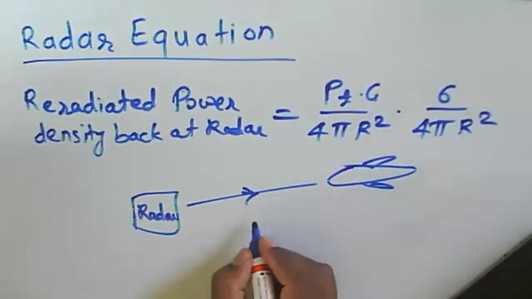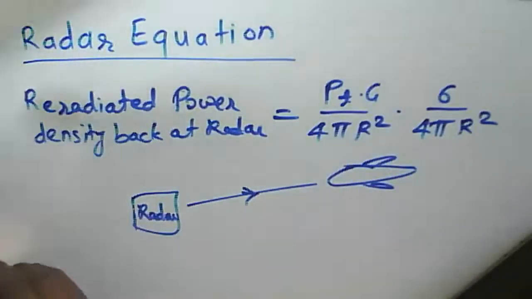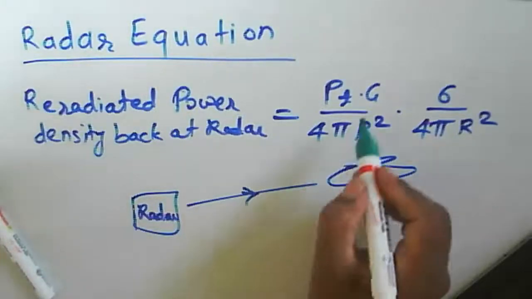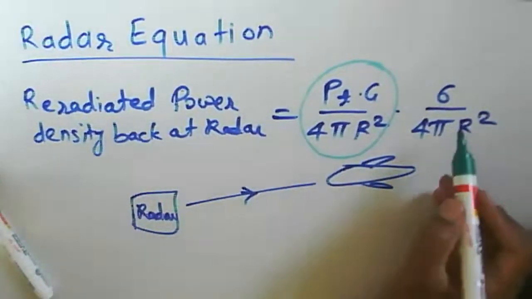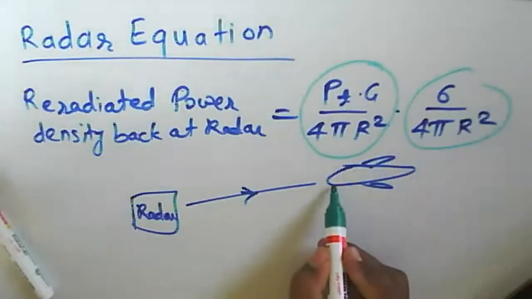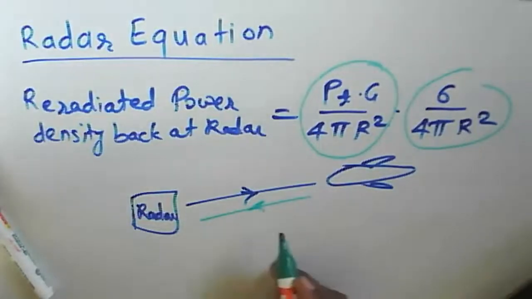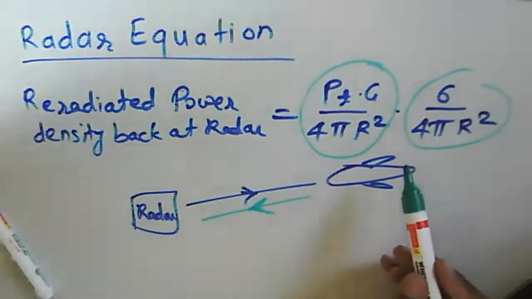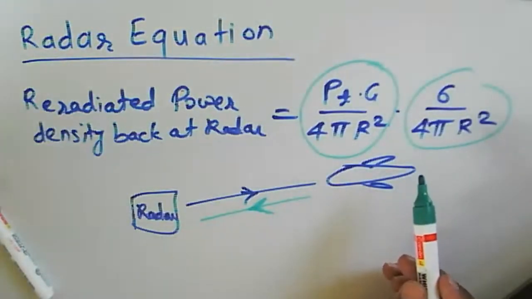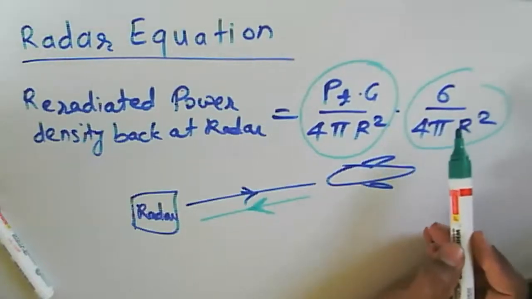This particular portion is from the radar, and this particular portion is from the object, which is a reflecting one. This is the echo signal. For the echo signal we are supposed to find the radar cross section of the target.